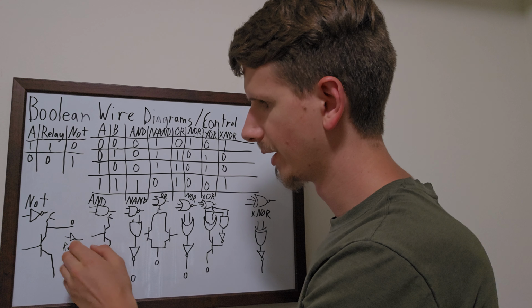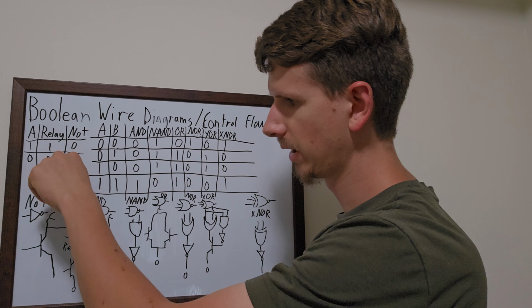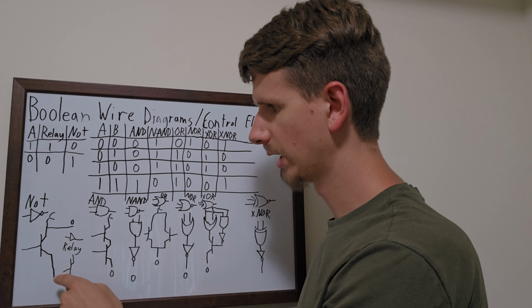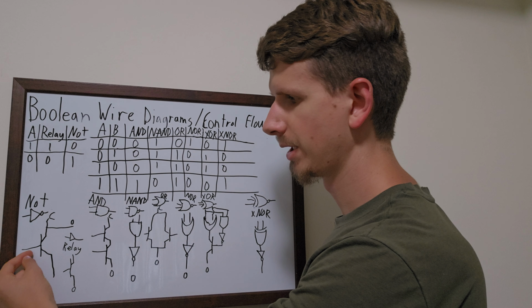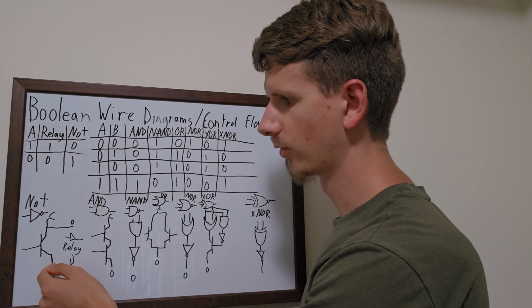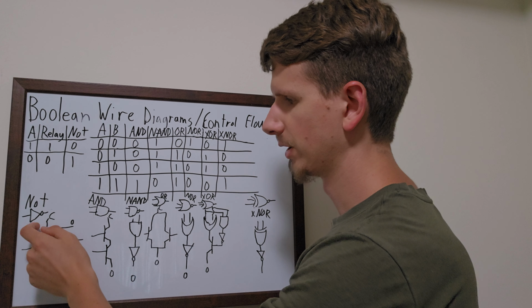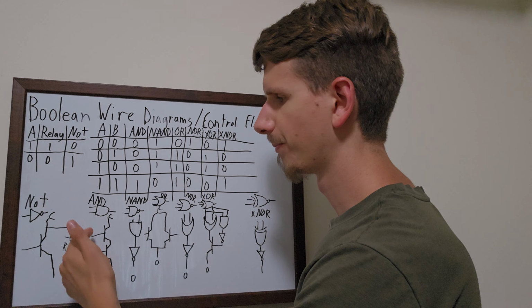So for NOT, as you can see here, we have electricity flowing in from a battery or whatever, and then we have a control signal which comes in here, and it can turn this transistor on or off. If the transistor is on, the current can flow through. If it's off, then the current will be stopped here, so it'll go out this wire.